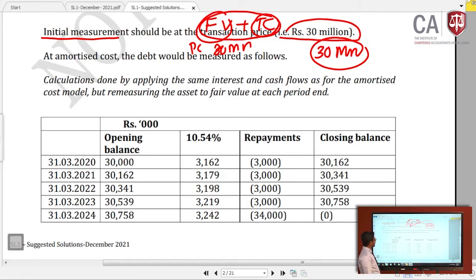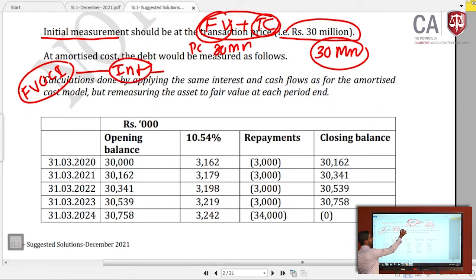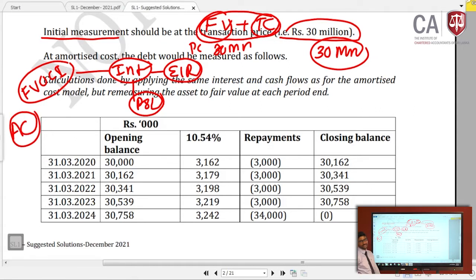At amortized cost, the debt would be measured as follows. Students, I think you all remember I mentioned we need to have an amortization schedule as well. Why? In a fair value through OCI instrument, you need to recognize interest periodically using the EIR. To determine the interest recognition to P&L, I have to maintain an amortization schedule exactly similar to the amortized cost method.